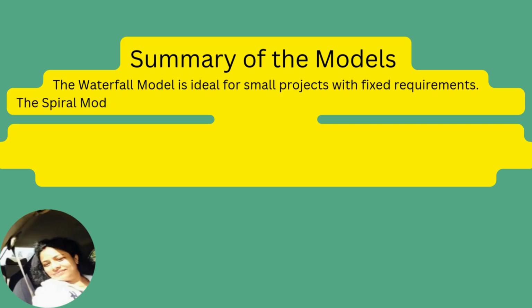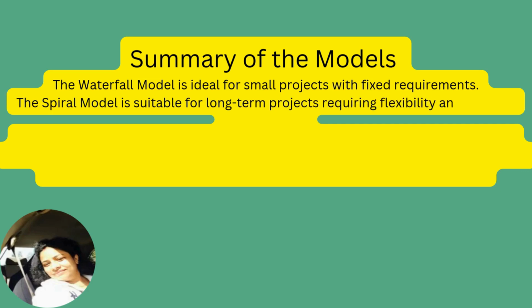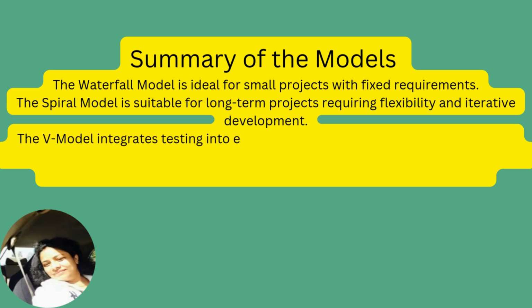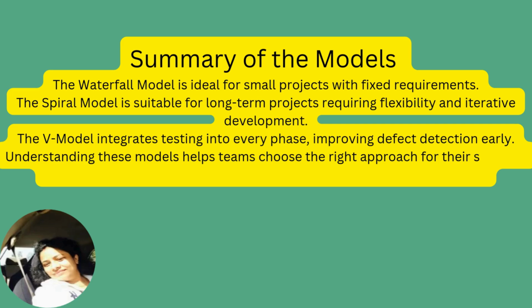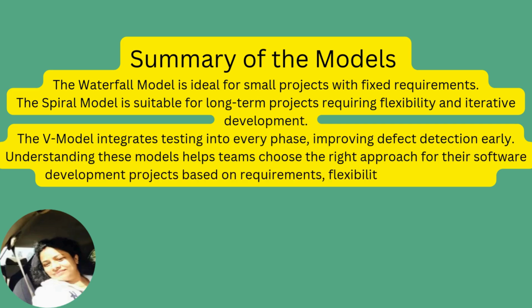The spiral model is suitable for long term projects requiring flexibility and iterative development. The V model integrates testing into every phase, improving defect detection early. Understanding these models helps teams choose the right approach for their software development projects based on requirements, flexibility, and complexity.